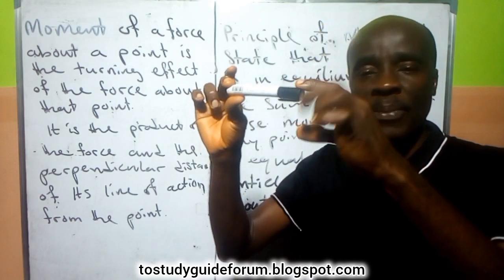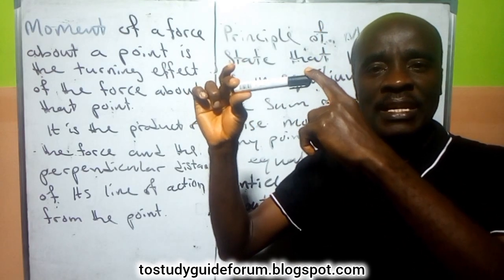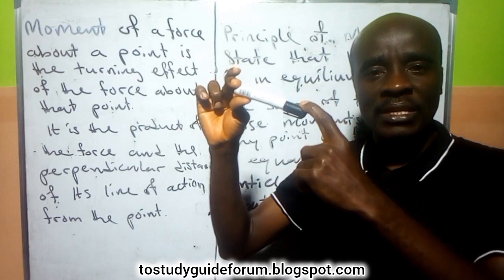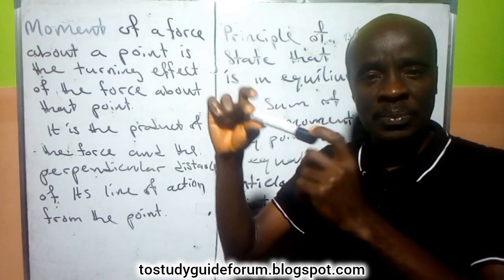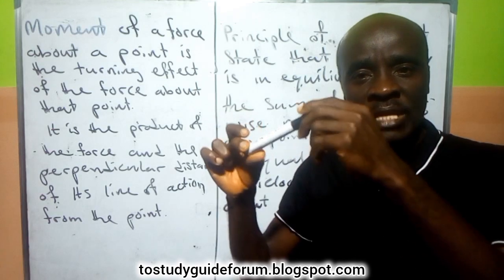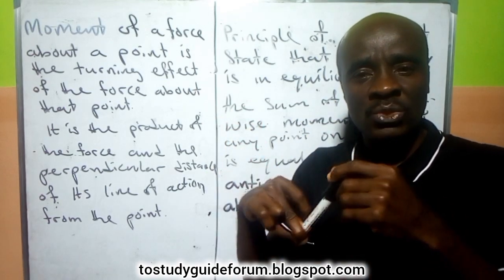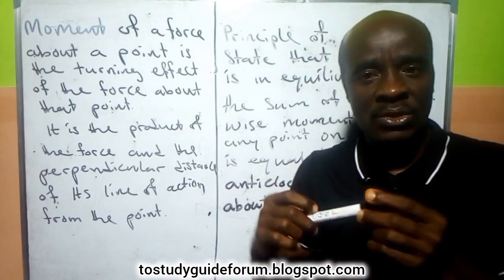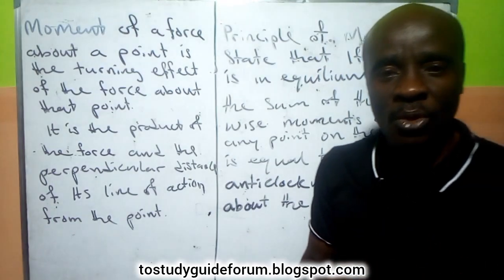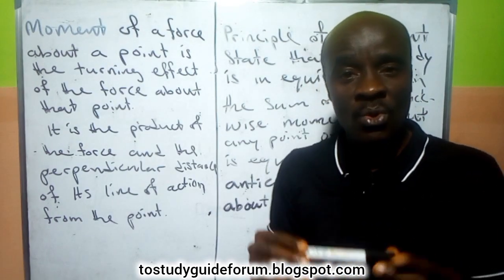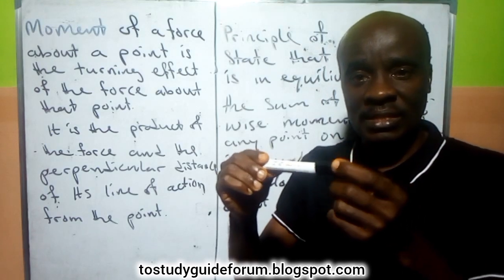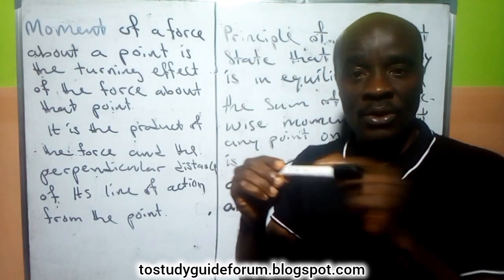If I apply a load here, this marker tends to go down. That turning effect it's producing is what we consider as the moment of that force. And whenever we want to consider this moment, we'll look at the distance of the line of action.